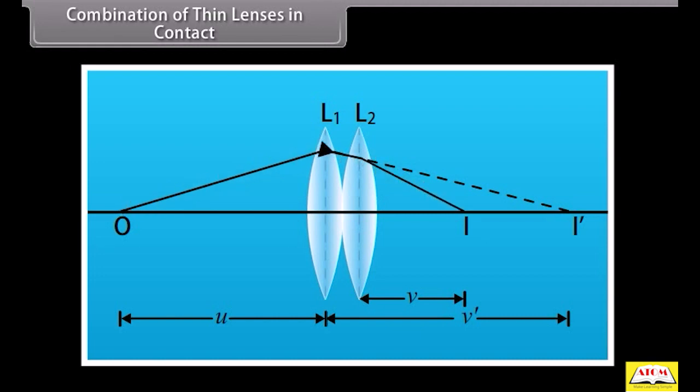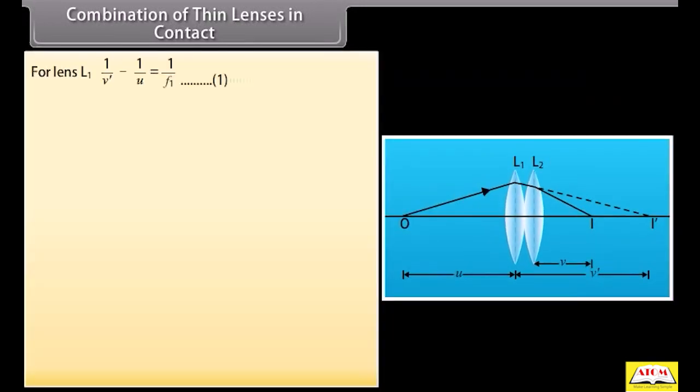That is, I' is the image formed by the first lens, L1, alone. If v' is the distance of image I' from the lens L1, then for lens L1, 1/v' minus 1/u is equal to 1/f1. Name it equation 1.